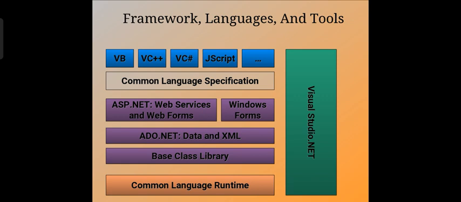All the web-related activities we can work through ASP.NET Web Services and Web Forms, and we can work with VB also through Windows Forms, and we can connect the database using ADO.NET, that is ActiveX Data Objects, and with the help of XML, extensible markup language. Whatever programs you want to write, all of those are based on the base class library.